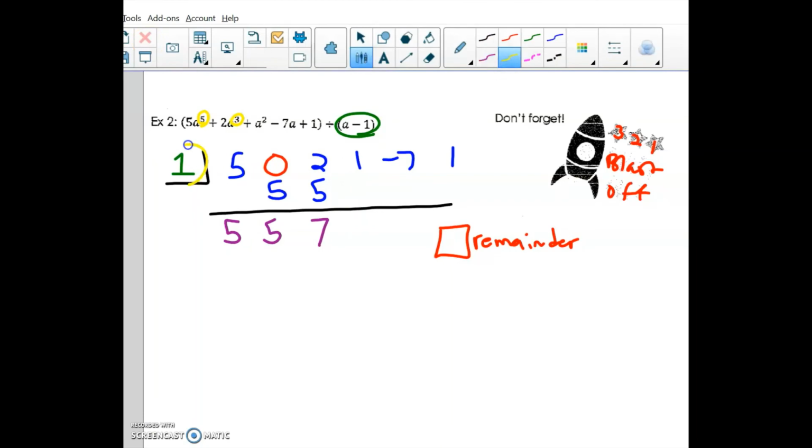So we now take the 1, we multiply it by 7. That product comes up here. So 1 times 7 is 7. We combine these terms. 1 plus 7 is 8. It's now 1 times 8 goes right here. That's going to be 1 times 8 is 8.